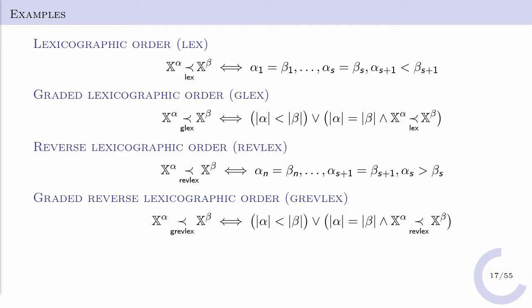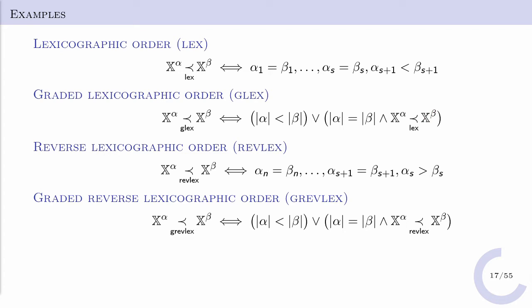So if the sum of exponents of one monomial is strictly less than the sum of exponents of the other monomial, then this monomial with a smaller sum of exponents is considered smaller with respect to graded lexicographical order. If the two sums of exponents, so these total degrees, are equal, then we just use lexicographical order and compare them with the lexicographical order.